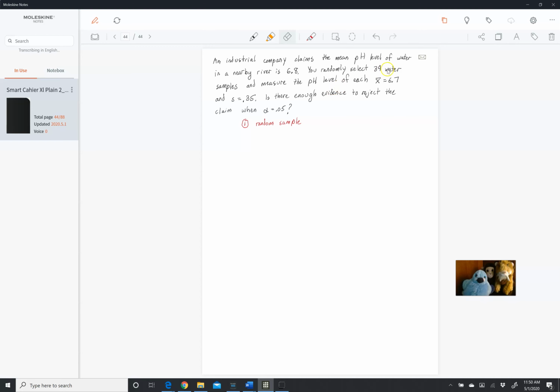So we have to look at that n, and our n is 39, so our n is greater than or equal to 30. And our population standard deviation is unknown. What does that tell us? It doesn't mean that we can't go ahead with the test. It just means it's going to be a t-test instead of a z-test.